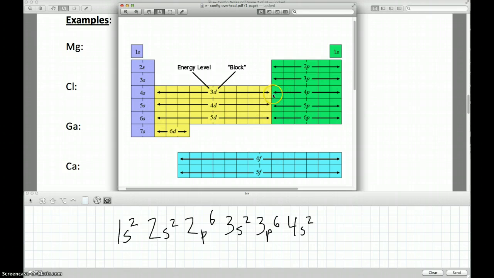As we keep adding, those electrons start going into the 4th energy level in that s orbital, and then the d orbital of the 3rd energy level. The 3rd ring and the 4th ring kind of overlap. So the inner edge of the 4th ring and the outer edge of the 3rd ring kind of overlap. So it starts filling up the 4th ring, and then goes back and fills in the rest of the 3rd ring, and then goes back and fills in more of the 4th ring.